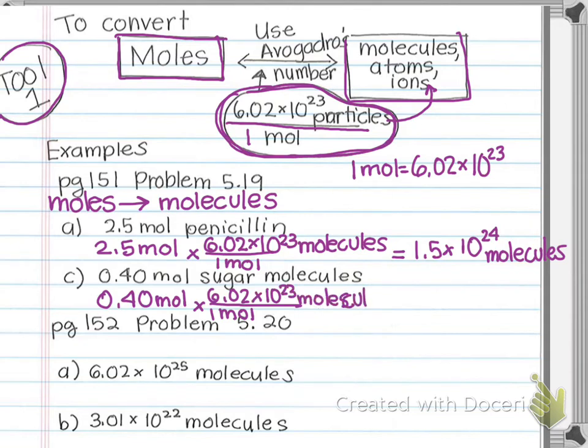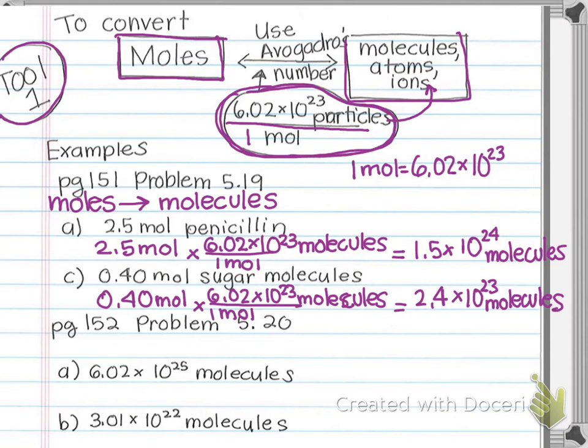Whoops, molecules. Remember, molecules and moles are not the same thing. And so I get 0.4 times 6.02 times 10 to the 23rd, and to two significant figures, 2.4 times 10 to the 23rd molecules. So again, notice it really didn't matter that it was sugar.